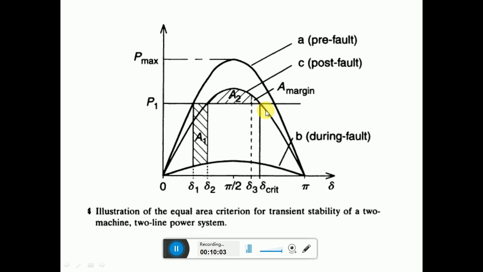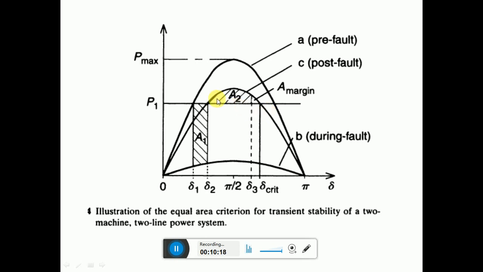So this is the angle after which it's not possible to make A1 equal to A2, therefore the machine will lose its stability.